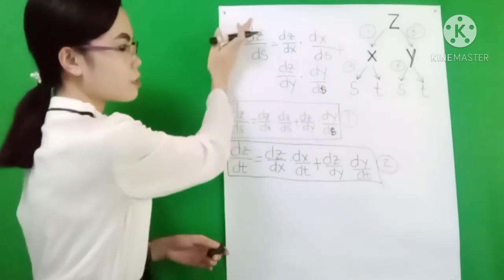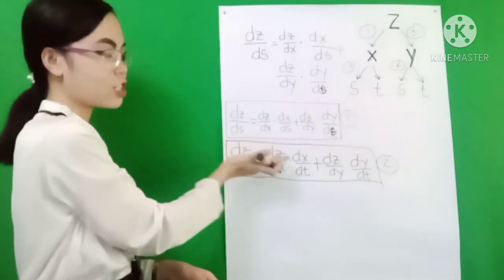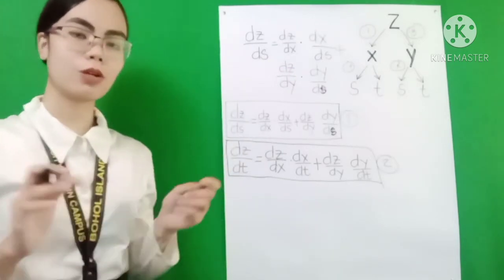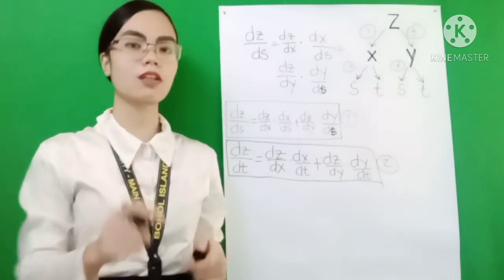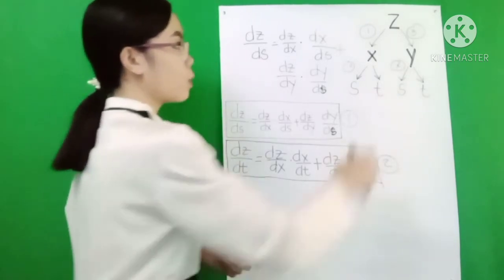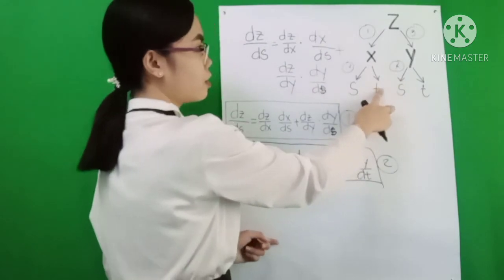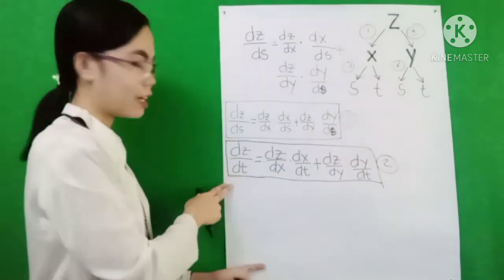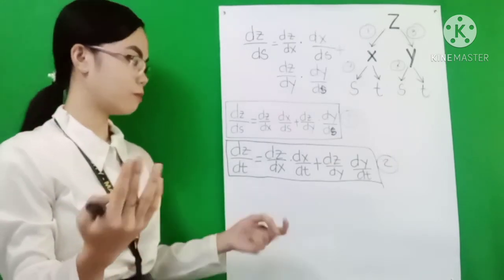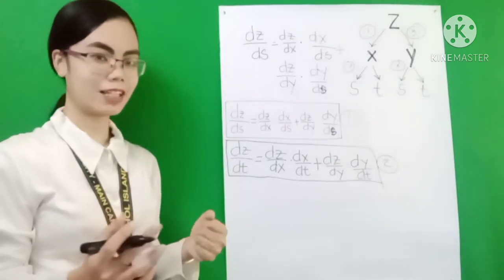What is written here is the same, I just rewrote it. The second thing we are going to do is focus on everywhere we see t. So let's find the branches where there's t. The formula is dz over dt, the partial derivative of z with respect to t.